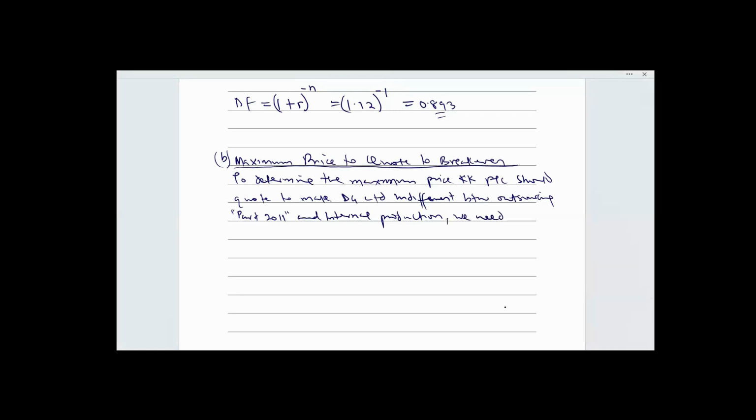We need to determine the sensitivity margin of supplying part 2011. This is shown as follows.